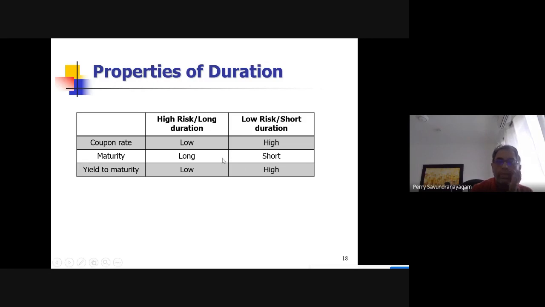So the maturity works inverse to the coupons basically. The shorter the maturity, the lower the risk. The higher the coupon and the yield rates are, the lower the risk. And the reverse. Is that clear?